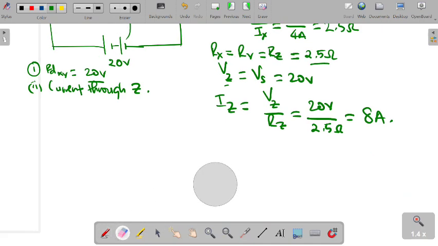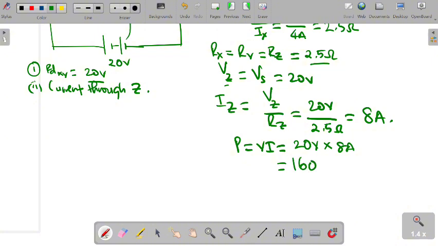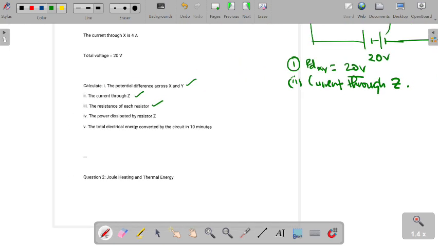So if we're going to find power, we can use either formula. Power is equal to voltage times current. The voltage we're using is the voltage across Z multiplied by the current, 8 amperes. This gives us 20 multiplied by 8, that is 160 watts. So that is the power dissipated.